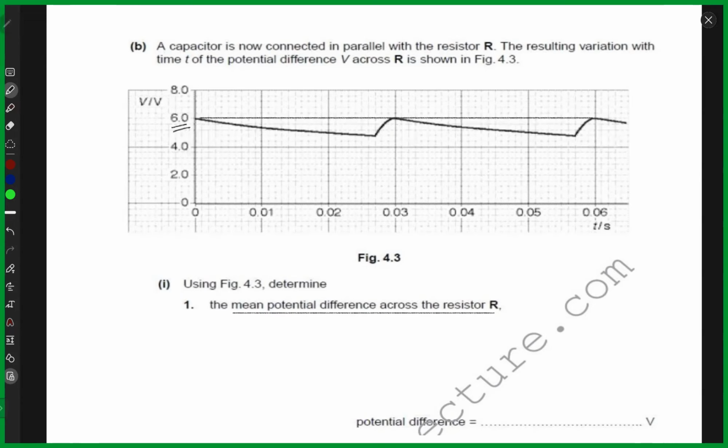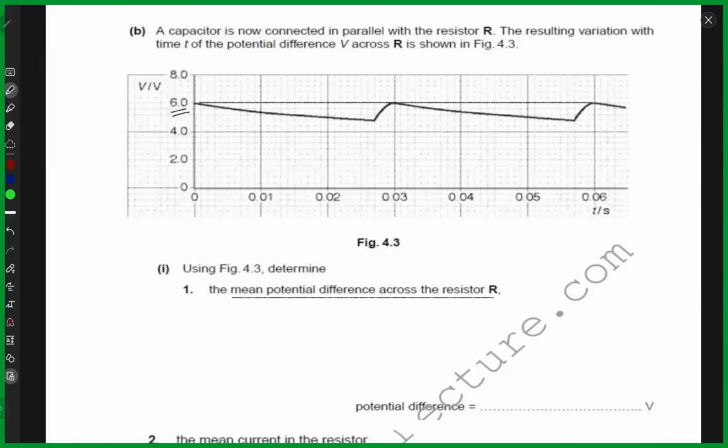So how do I find the mean potential difference? What do they mean by mean potential difference? The average. You're right. So how do we calculate that?